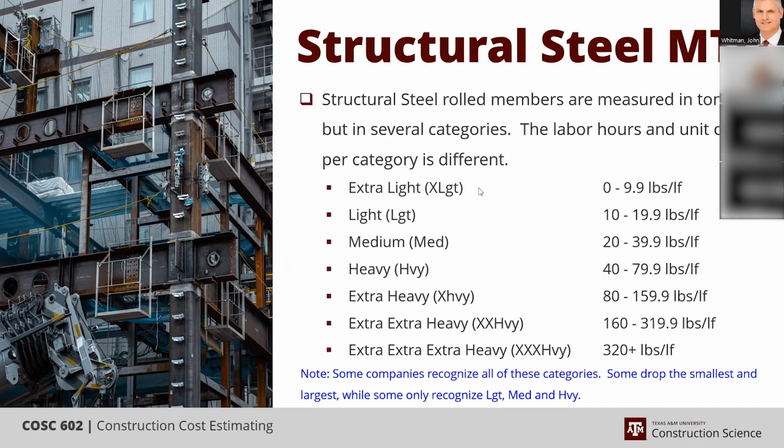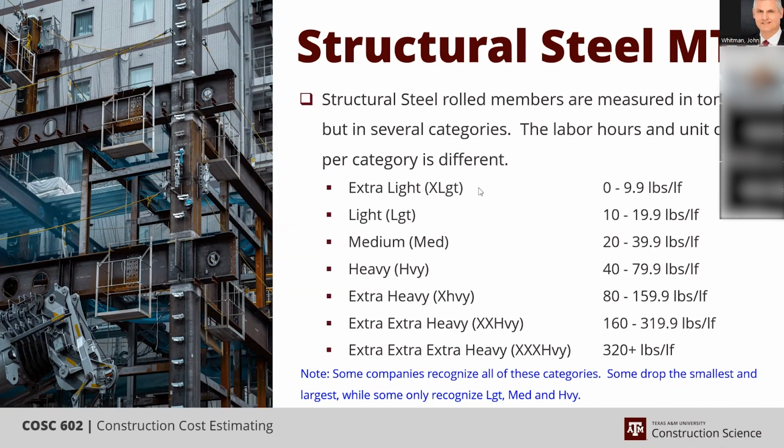On the other hand, the extra light versus light topic is just an effort by some companies to be more exact, while the companies that don't recognize extra light are saying that the law of averages is going to take over. So we don't put a little extra time on our extra light stuff. We're going to balance out at the end of the day, because our work practices say we will, and our histories show that we will.